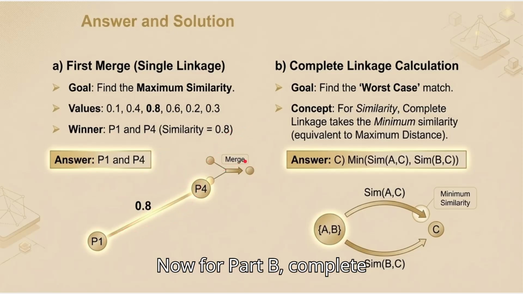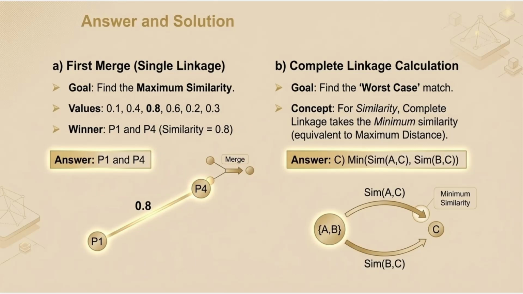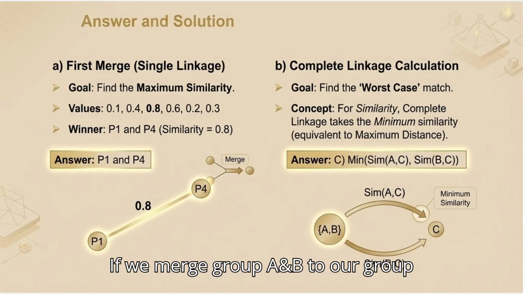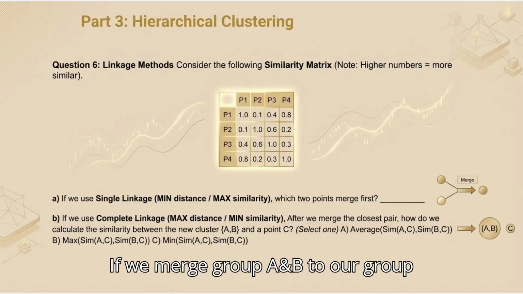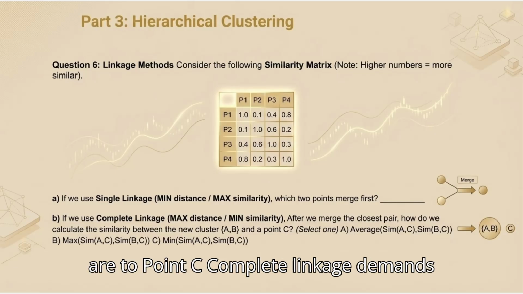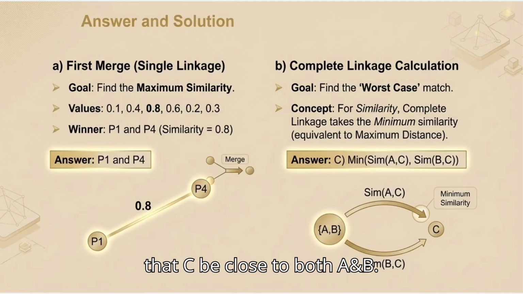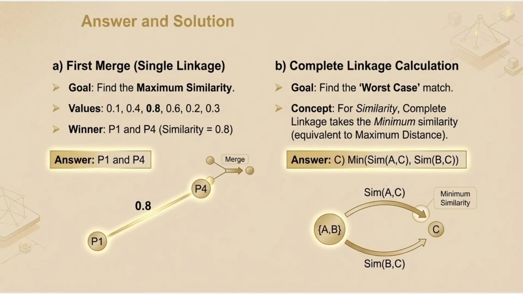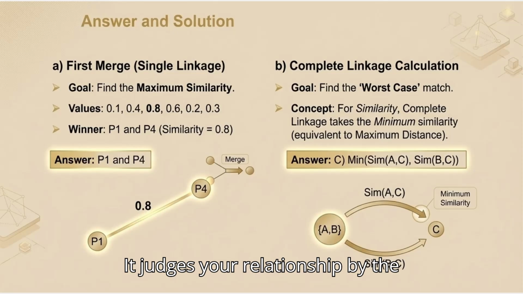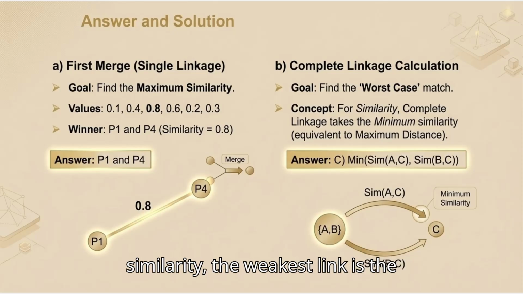Now for part B, complete linkage is the pessimistic or conservative method. If we merge group A and B, or group AB, we want to see how close they are to point C. Complete linkage demands that C be close to both A and B. It judges a relationship by the weakest link. Since we are dealing with similarity, the weakest link is the minimum similarity.